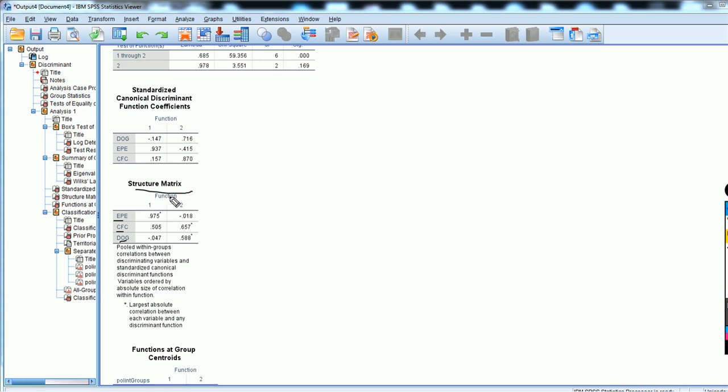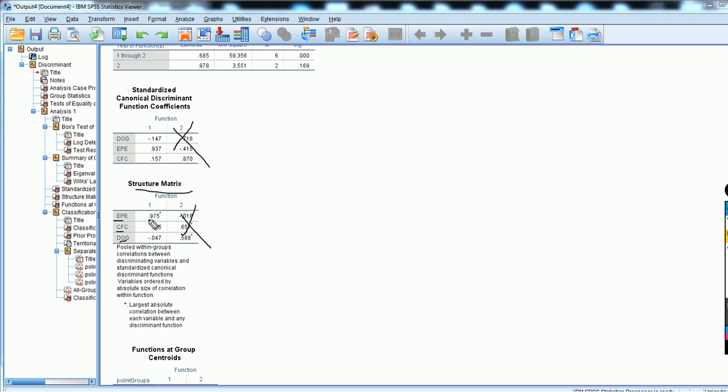So again, we had functions 1 and 2, and really function 2 is not significantly related to our grouping variable. So I'm just going to chop that out altogether. I'm not going to pay attention to that because that doesn't help us in explaining the relationship between our predictors and our grouping variable.